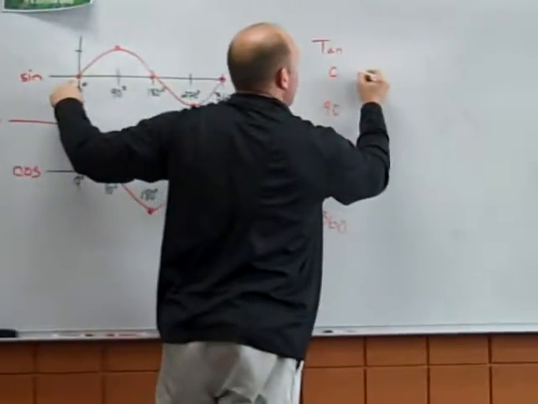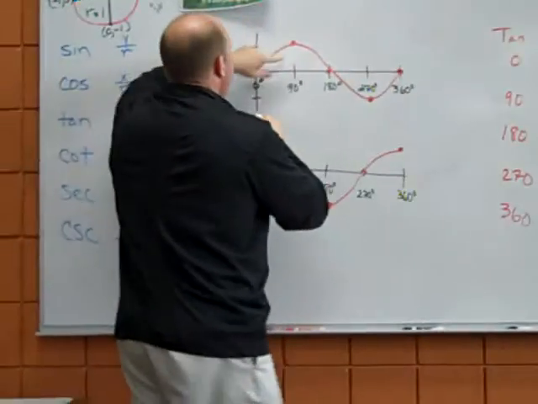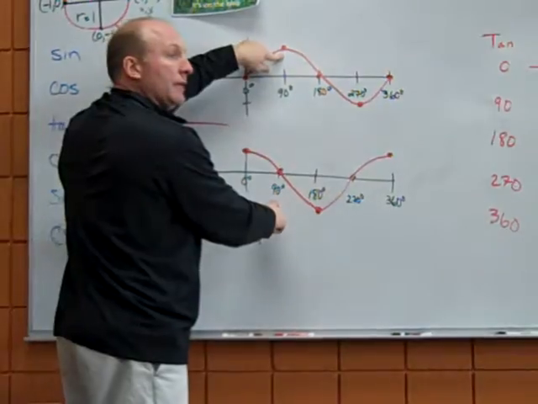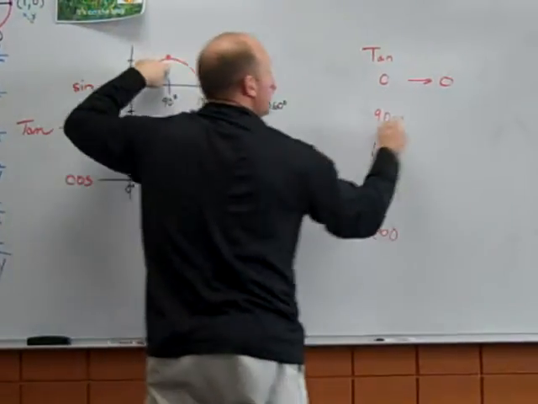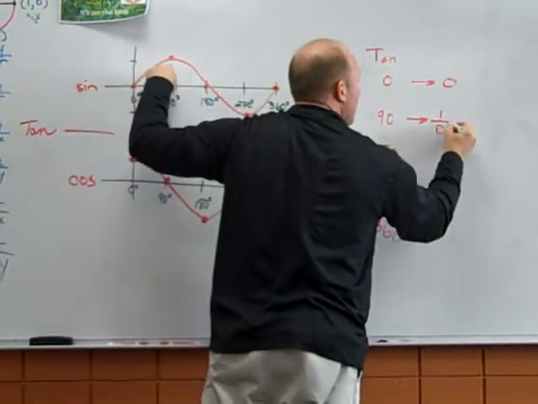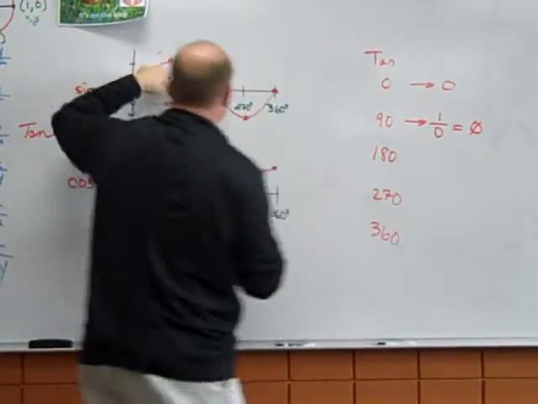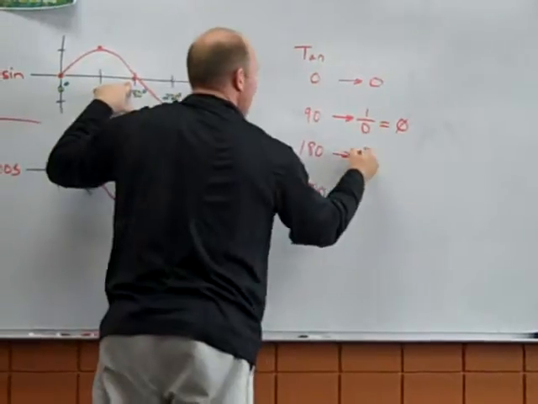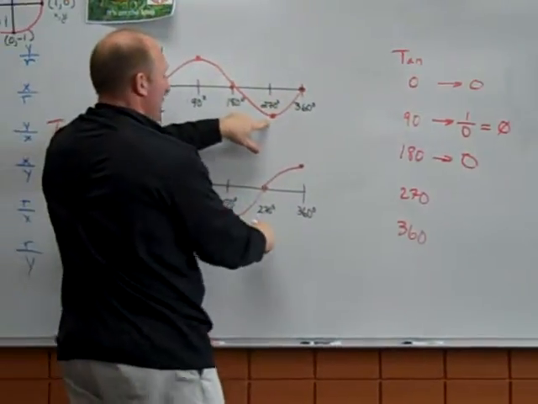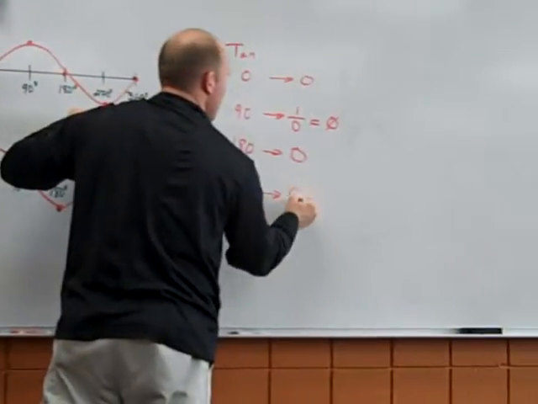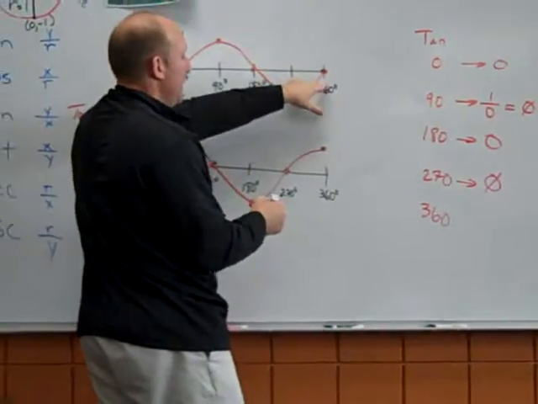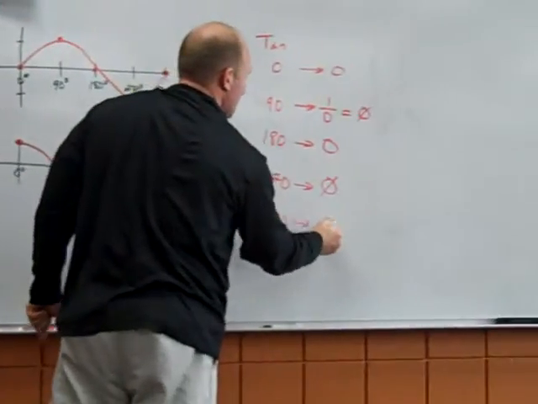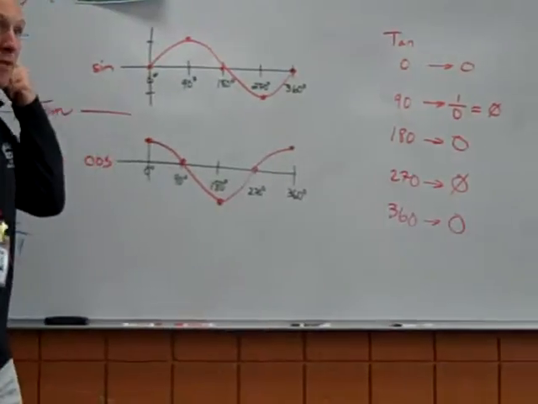So the tangent of 0 degrees is 0. 1 over 0 is undefined, no solution. 0 over negative 1 is 0. Negative 1 over 0, undefined. 0 over 1, 0. There's your tangent.